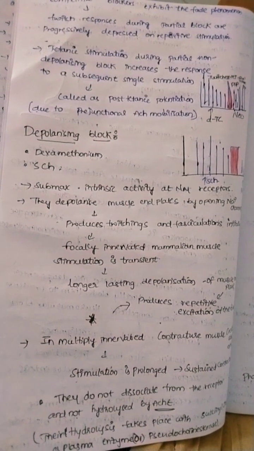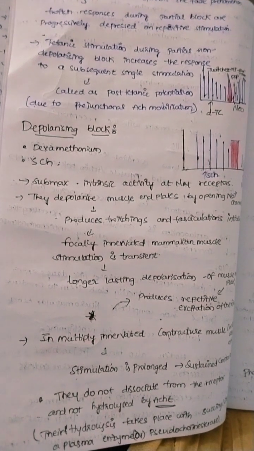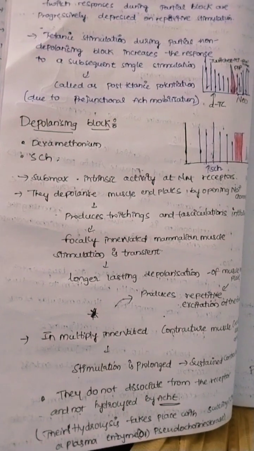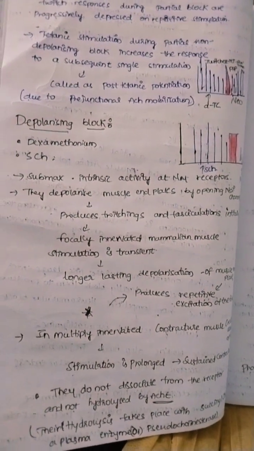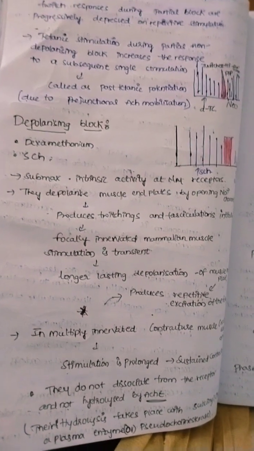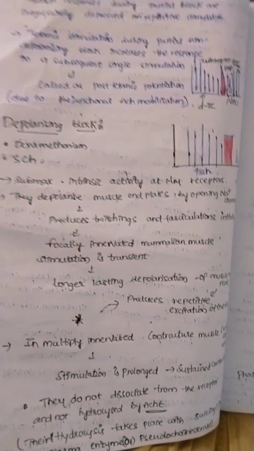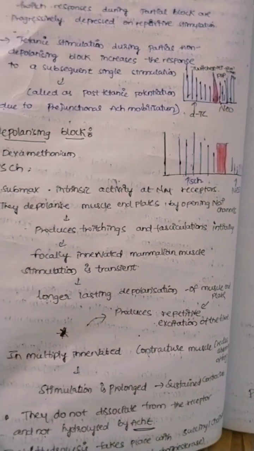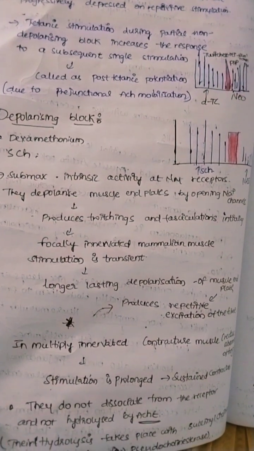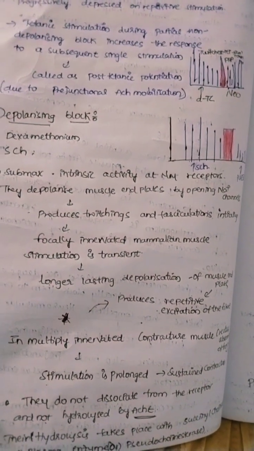Then this focally innervated mammalian muscle stimulation is transient. If there is long-lasting depolarization of the muscle end plate, it will produce repetitive stimulation of the fiber.